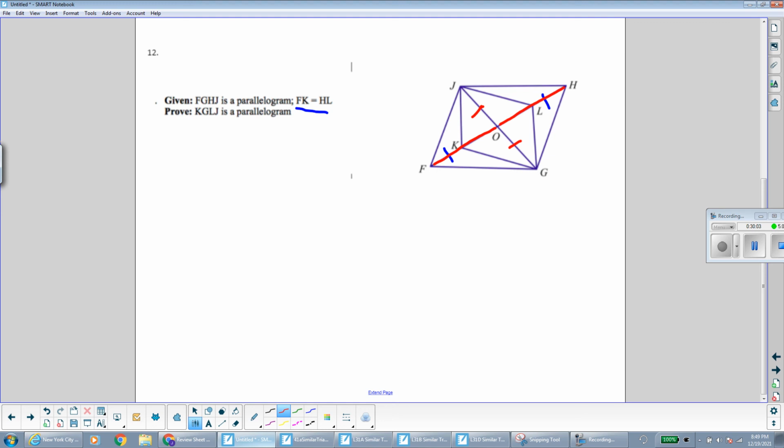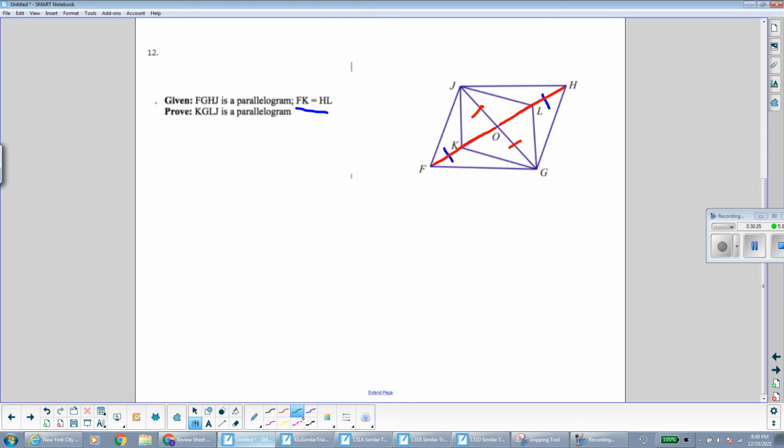So there's a really easy way that we can show that because we already know that FO and HO are congruent to each other because the diagonals in the big parallelogram bisect each other. And from our givens, we already know that FK and HL are congruent to each other.